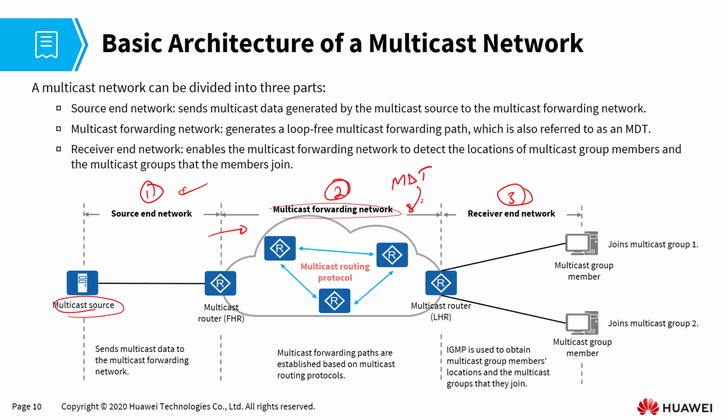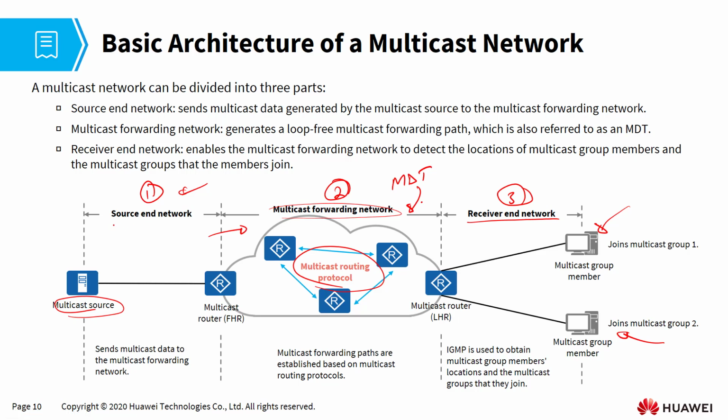That is where the multicast routing protocol is going to be deployed. The receiver end network enables the multicast forwarding network to detect the locations of the different members that join different multicast groups. There are different protocols that run in each of these sections.